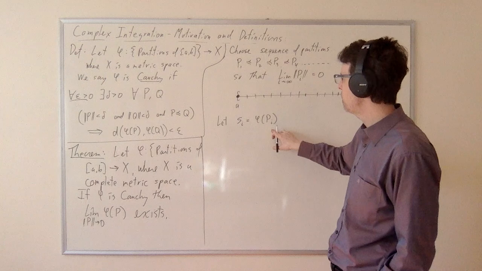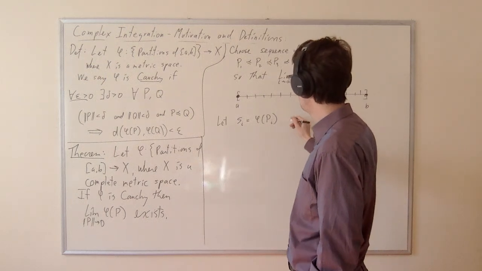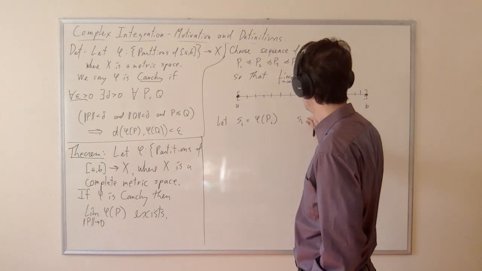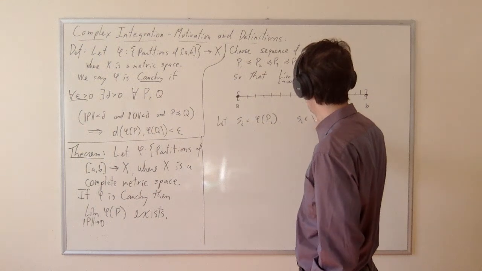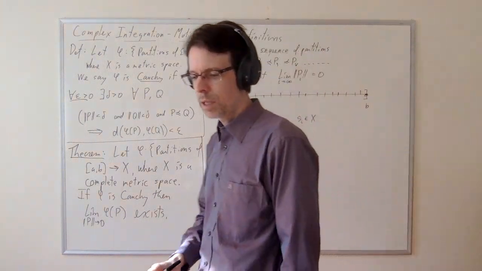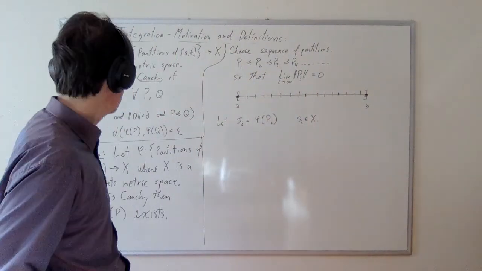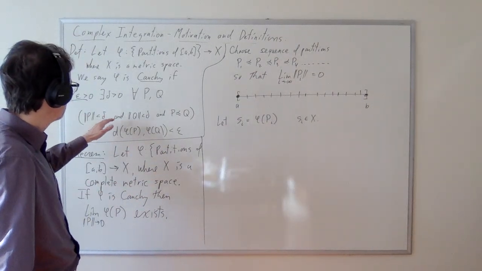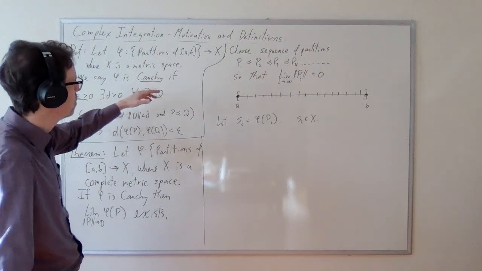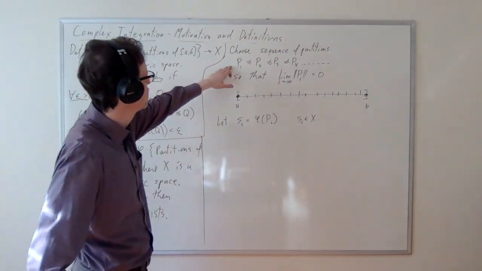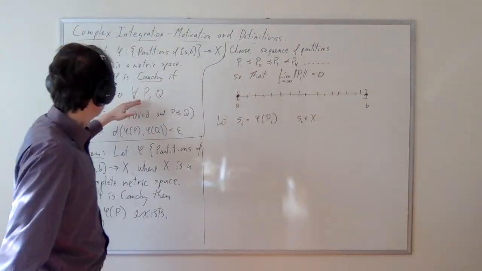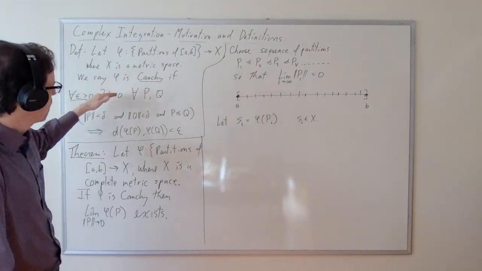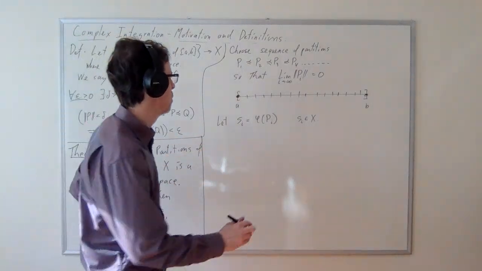So if we let S_i be phi of P_i, then S_i is in X, and the norm goes to 0. Because the original partition function is Cauchy, because phi itself is Cauchy, then this thing will be Cauchy.